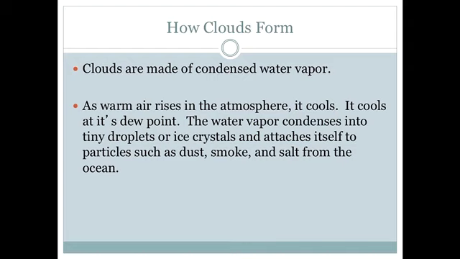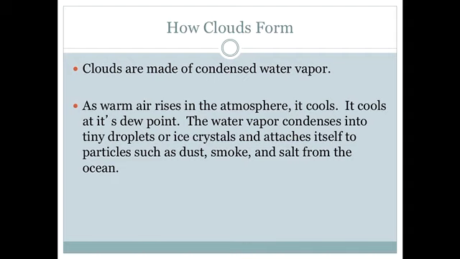How clouds form. Clouds are made up of condensed water vapor, which by now I think we should know. As warm air rises in the atmosphere, it cools. It cools to its dew point. The water vapor condenses into tiny droplets or ice crystals and attaches itself to particles such as dust, smoke, and salt from the ocean.